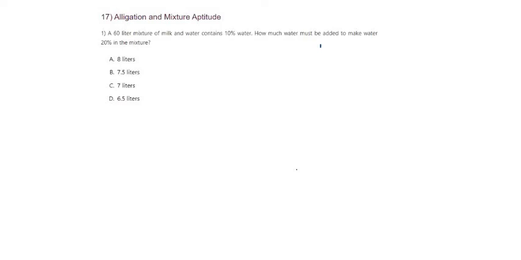A 60-liter mixture of milk and water contains 10% water. So let's assume a container, and this is 60 liters of mixture, milk and water. It contains 10% water.